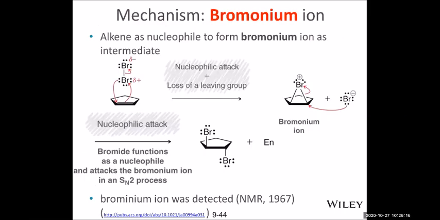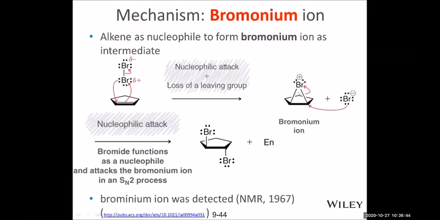So this is the mechanism we need to know. The reaction goes through a cation intermediate, but the cation is not a carbocation. It is actually the bromine forming a ring with the two carbons in the alkene. This ring has three atoms in it.